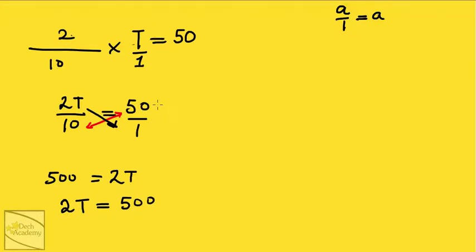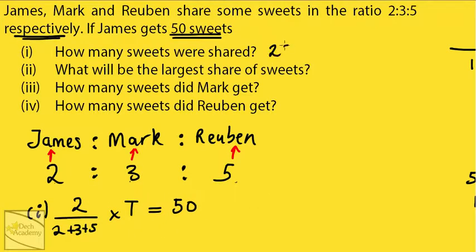T is the total number of sweets. Dividing both sides by 2, 2 in 500 is 250. So 1 times t divided by 1 is t, and we have 250 over 1, which is 250. So there are 250 sweets in total. So the answer to question 1 is 250 sweets.